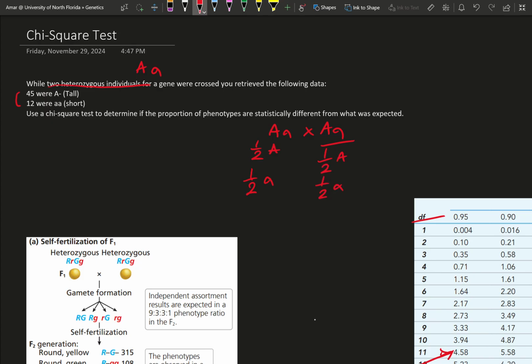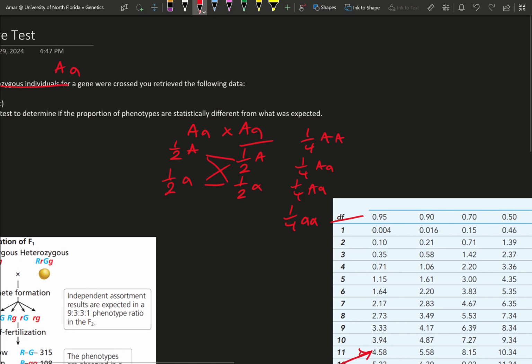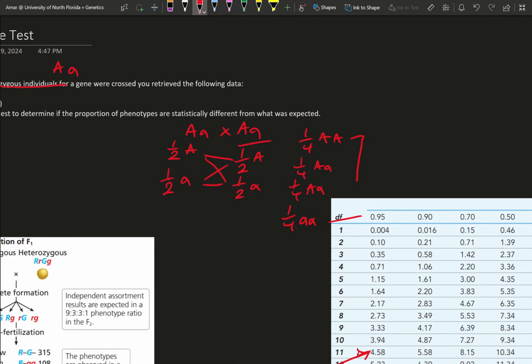If you do the product rule between these, you have a 1/4 chance to get big A big A, 1/4 to get big A little a, 1/4 to get big A little a, and 1/4 to get little a little a. Since big A big A and big A little a are the same phenotype, we add these together using the sum rule. So we're expecting a 3/4 probability to be big A whatever, and a 1/4 probability to get little a.